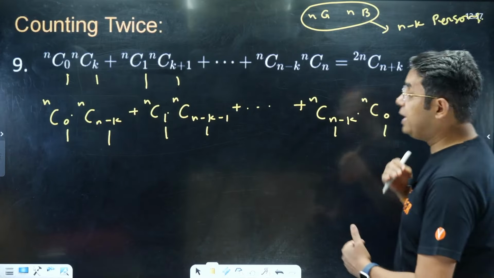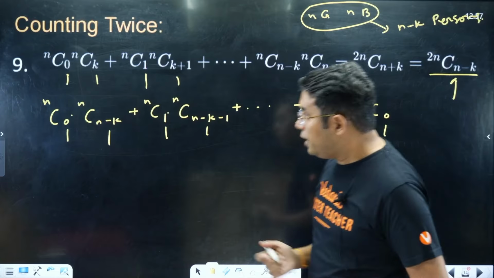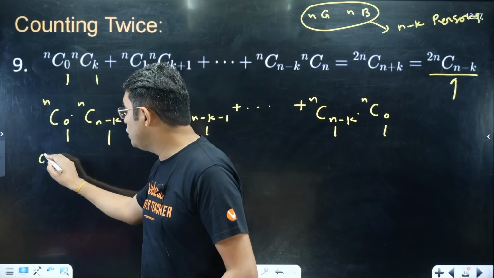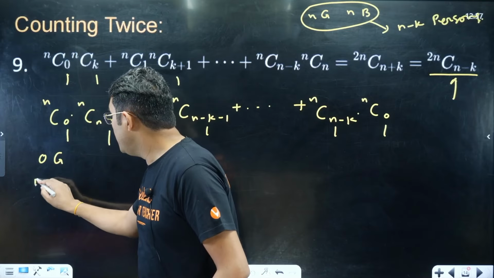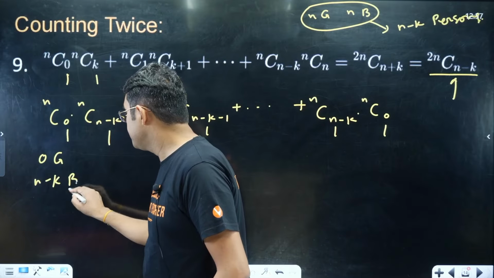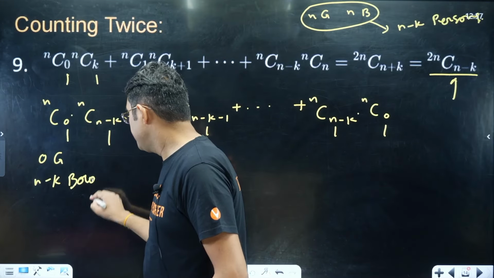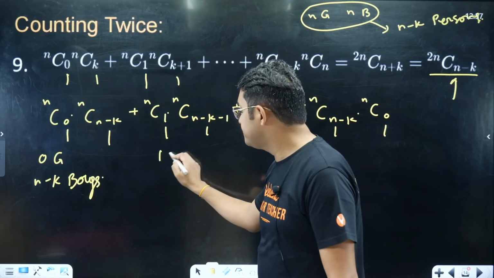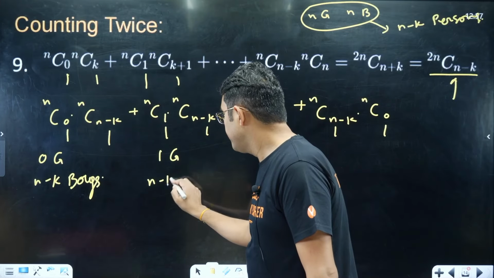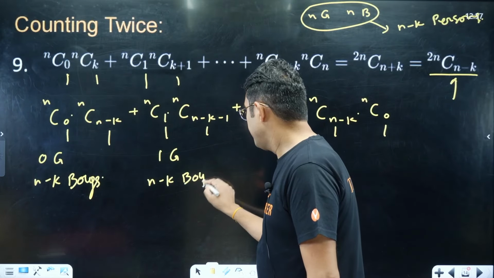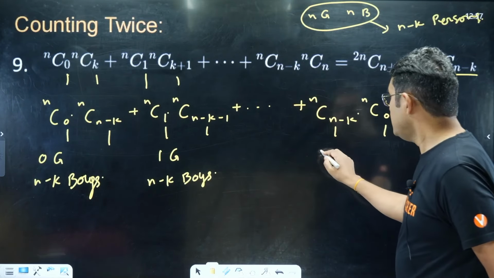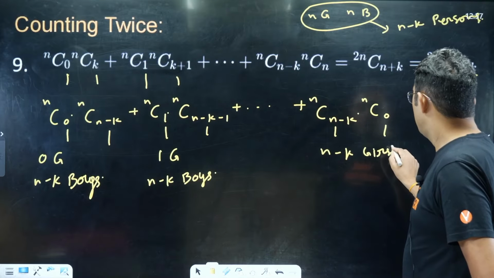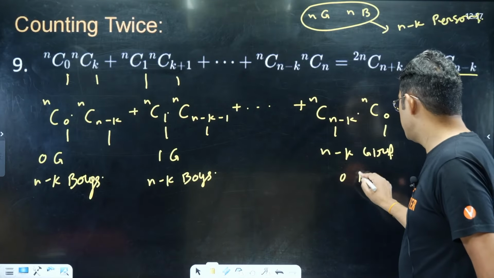Now if you are selecting n minus k persons, then it will have cases where no girl is selected, 0 girls, all n minus k boys. Then 1 girl, n minus k minus 1 boys, and so on. n minus k girls and 0 boys.